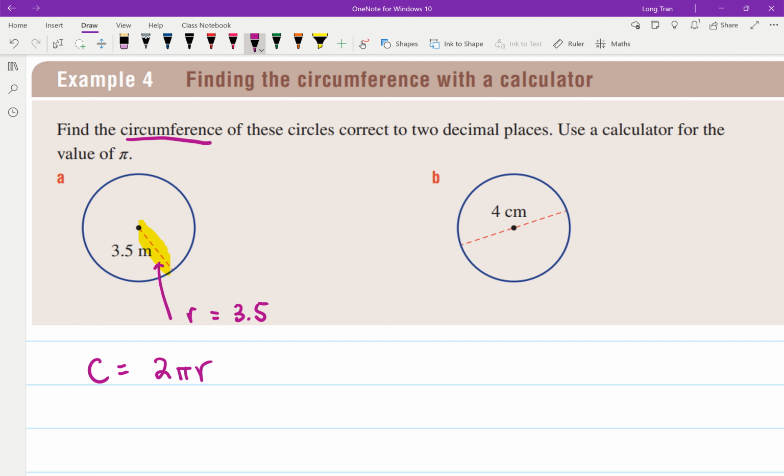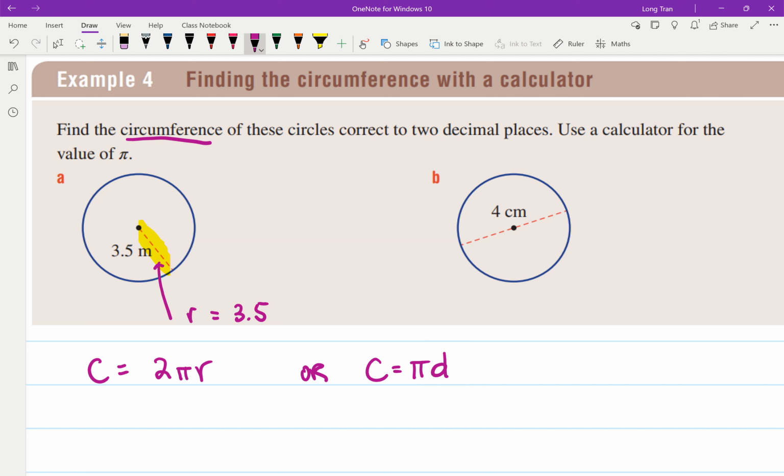That's one of the formulas. What's another way of writing this one as well? Very good. Pi times d. Now, you can use either one, but in this case, since we've got r equals 3.5, that's the radius, I would rather use this one. So twice the radius times pi on your calculator will give me my answer.